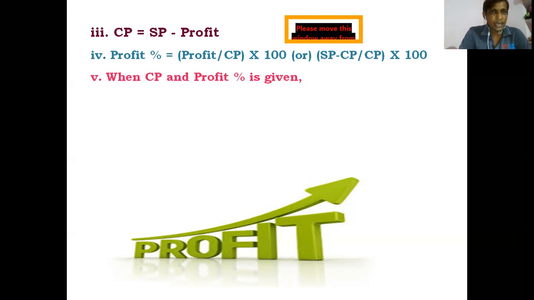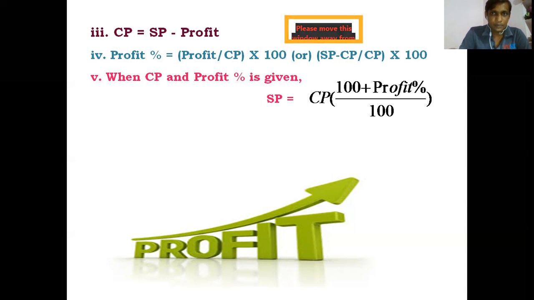When CP and profit percentage are given and we have to find the selling price, SP is equal to CP into (100 plus profit percentage) by 100.